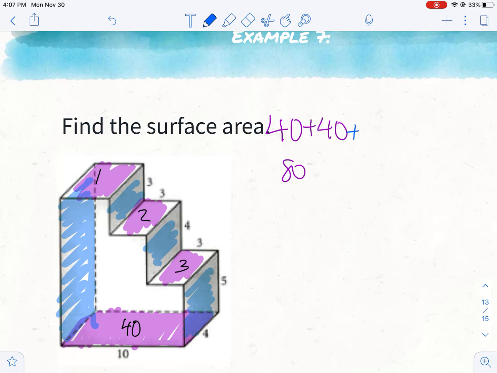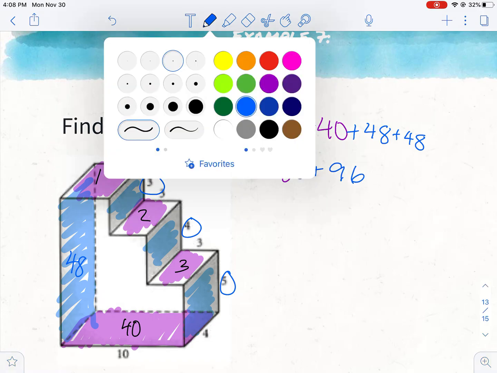And those 3 added together are going to be 5 plus 4 plus 3, so 12 times 4. So all together, each of those will be 48. So the 2 blue parts, the one that's completely flat and the one that's getting pushed in each step of the way, will add up to be 96.